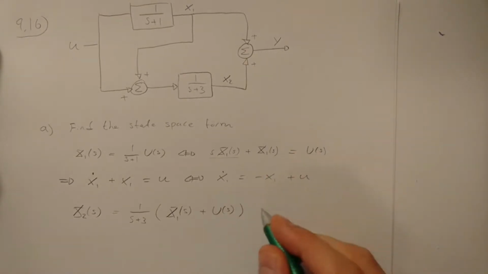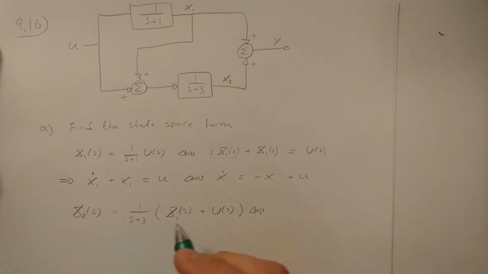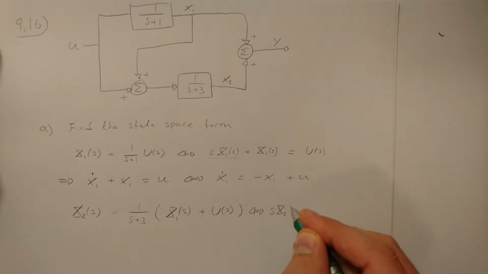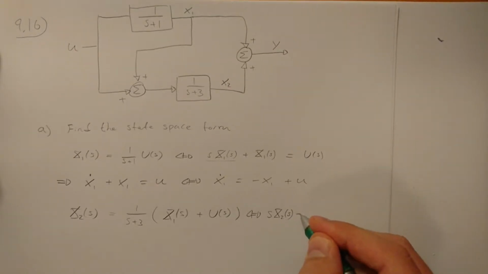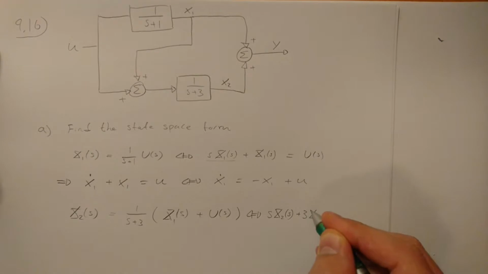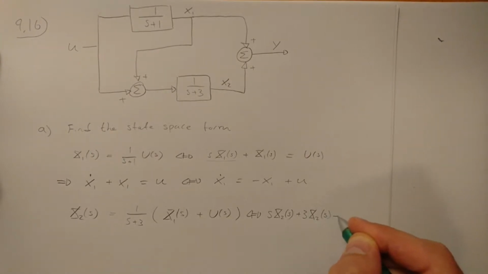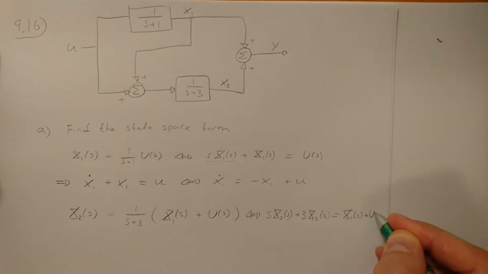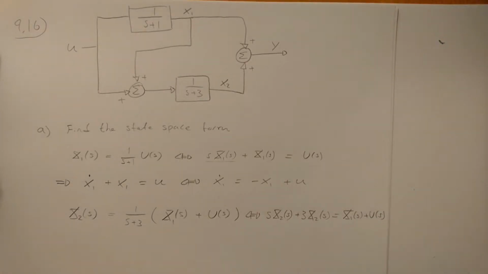And now we do the same thing here. So multiply this with s plus 3 in this case, since that's what we have in the denominator here. And that will give us s times x2 of s plus 3 x2 of s is equal to x1 of s plus u of s, like that.